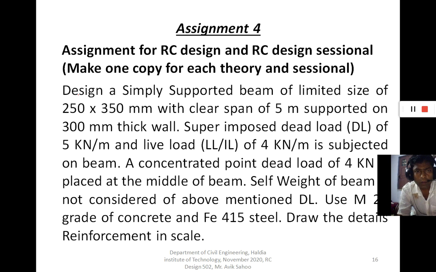So at that time we derived all the expressions, so you check it, and the design we have done.